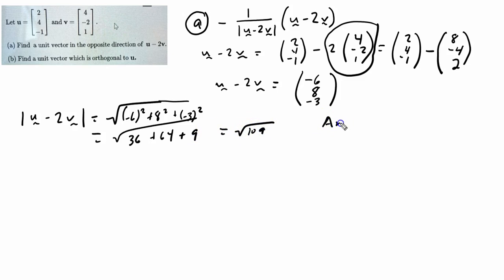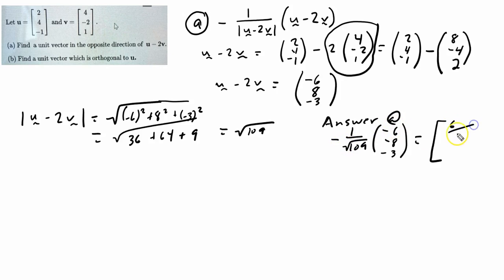And so my answer to part A, well, what we had up here at the beginning is going to be the negative of 1 over the magnitude times that vector u minus 2v, which is this. And this is a constant, so I can just multiply it by each thing in there. So when I multiply these two together, the negative signs will cancel out.